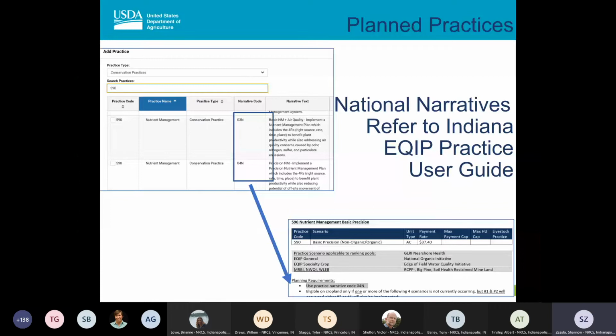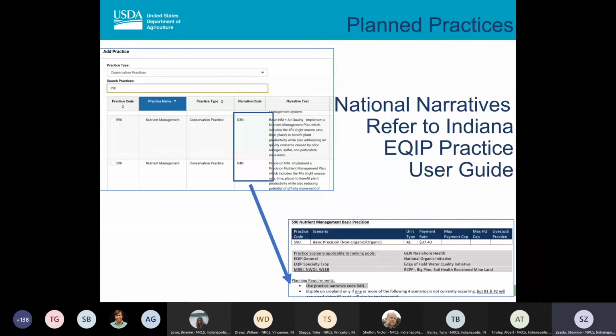However, there are some practices that have more than one national narrative, 590 being one of them. So how do you know which one to choose? Again, as you get into CART, and this is a new feature of CART this year, as you choose 590 as a planned practice, you also have to choose the right row for the right narrative.